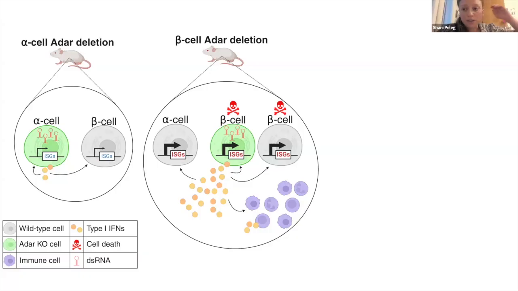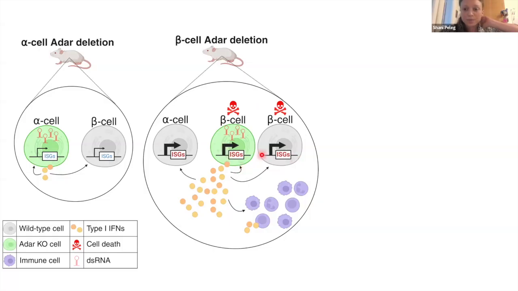Now, another important finding in this model was that in these beta Adar knockout mice, wild-type beta cells were also targeted. So mutant beta cells weren't the only ones targeted. We also saw wild-type beta cell death, in the same ratio as mutant beta cells.